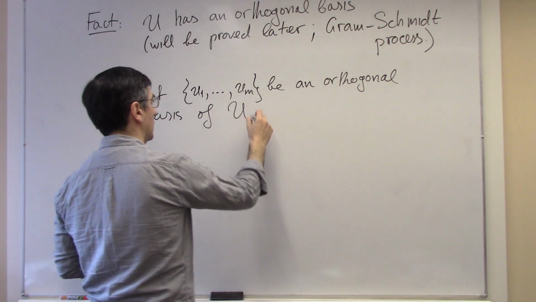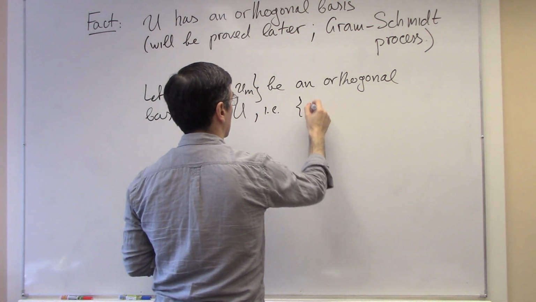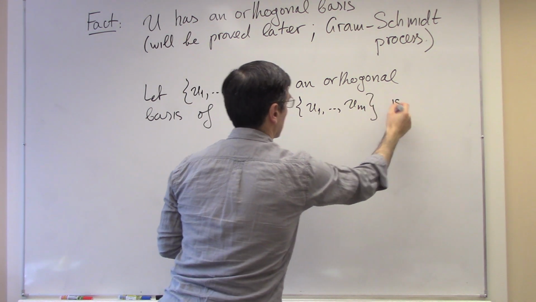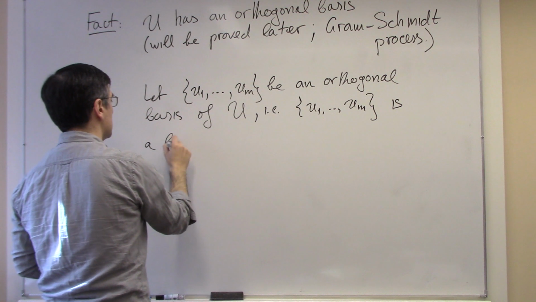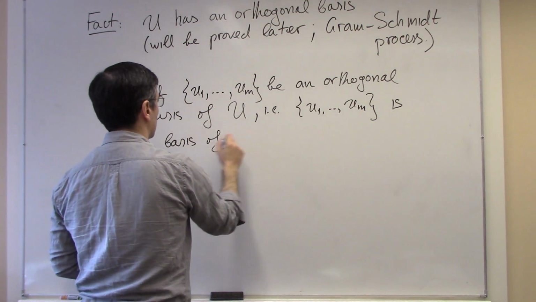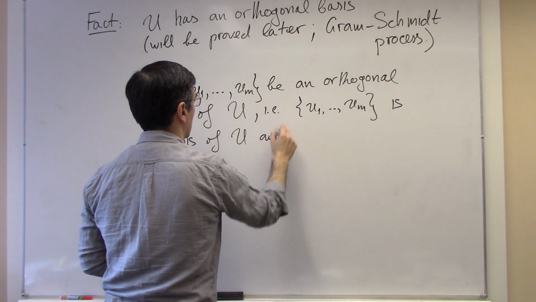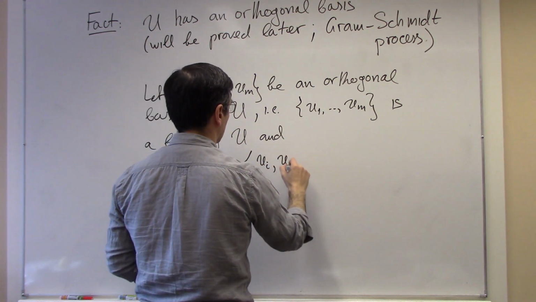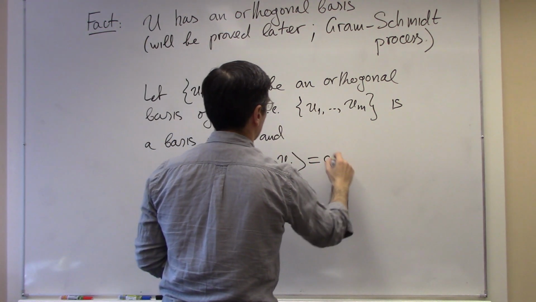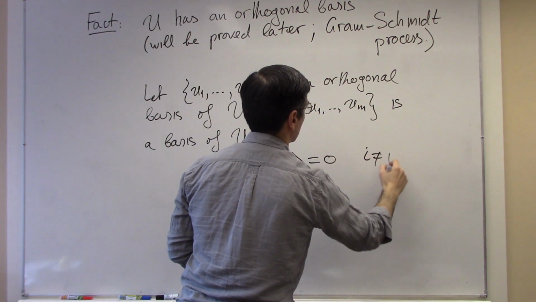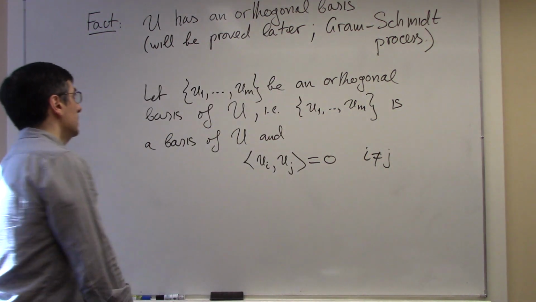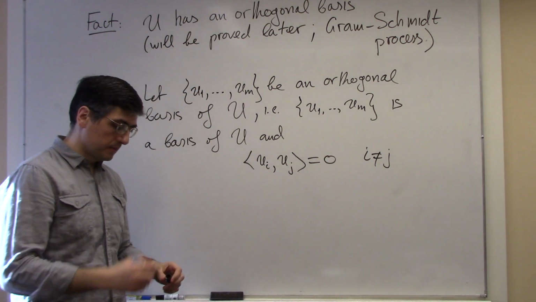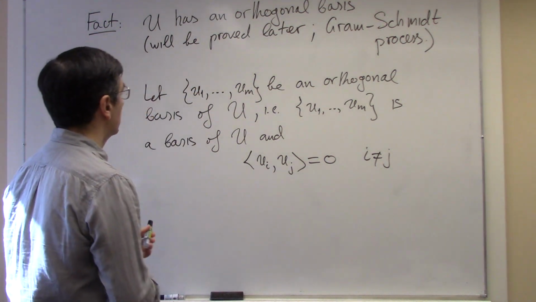So, i.e., u1, ..., um is a basis of U, and the inner product of ui and uj is 0 if i is not j. So we choose such a basis, okay.